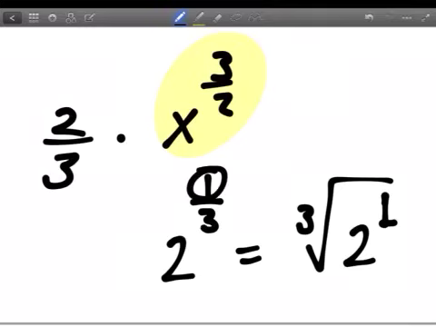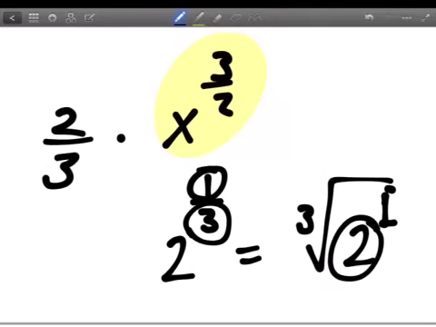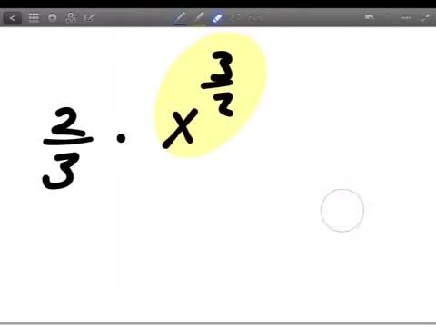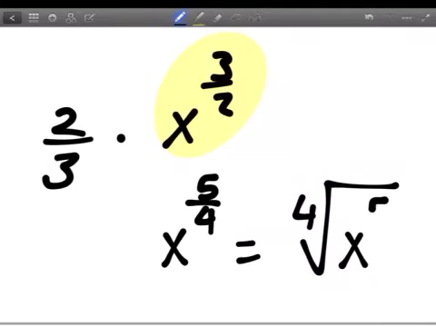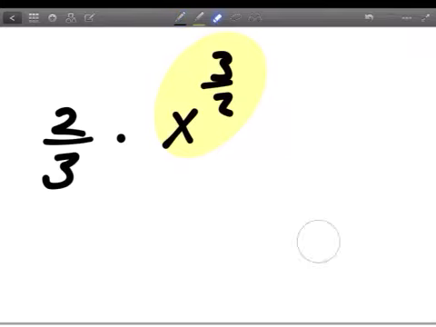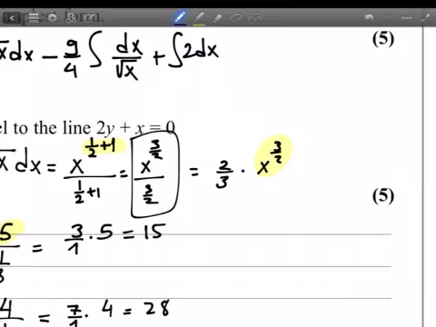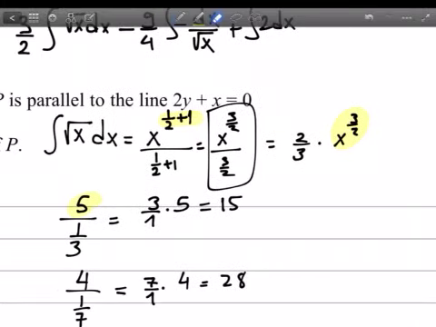This one is the power. This one is the root's degree. Another example: if we have x to the power of 5 over 4, that means we have the fourth root of x to the power of 5. That will be beneficial for finding the functions' simplest form.